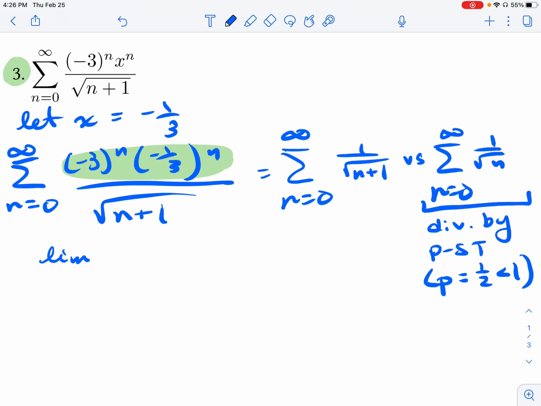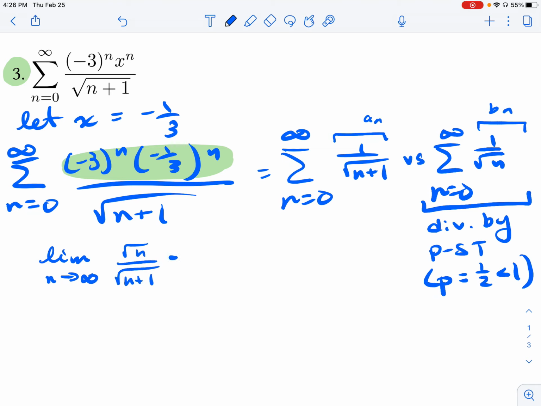So if I just say the limit comparison test, as n approaches infinity, dividing this a sub n by this b sub n, and again, it doesn't matter the order that we divide them, we can just write something like root n over root n plus 1, or we can flip this around.